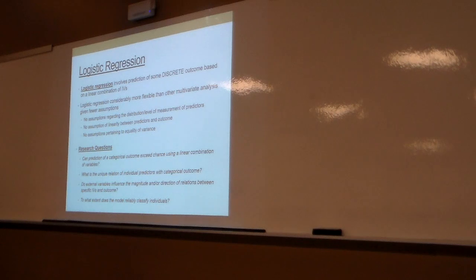Looking at whether external variables influence the magnitude and direction of relations between specific IVs and outcomes. What are we talking about right here? It's moderation, right? We can run moderation the same way in a logistic model as we would anywhere else. And looking at to what extent our model reliably classifies individuals.